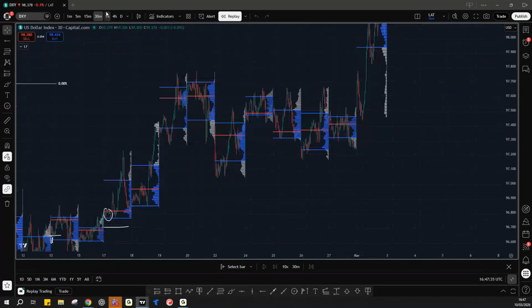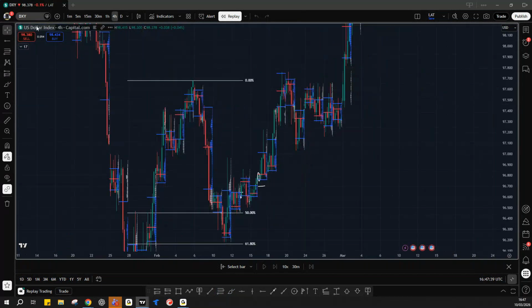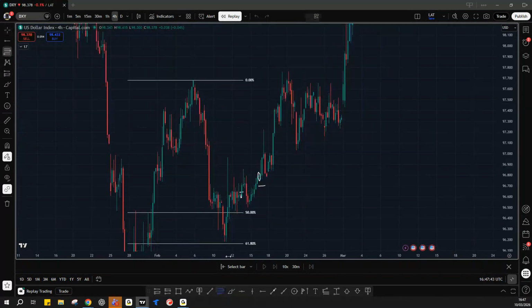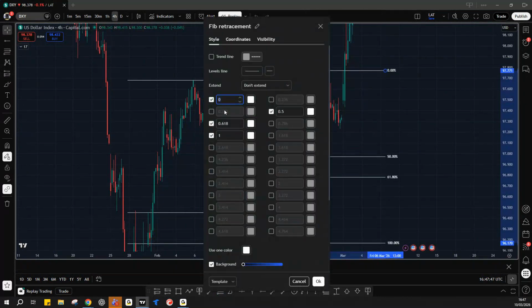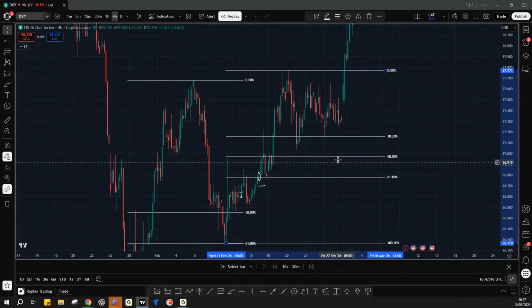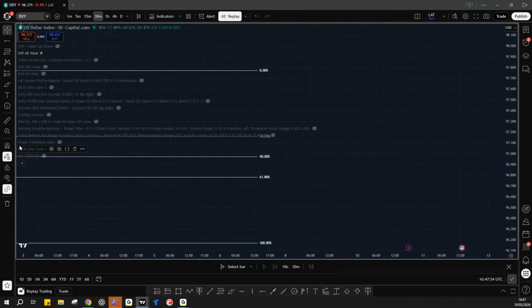Let's try that again. We've got our fib retracement. Let's say we come into the 38.2. We're looking for the same thing around this bounce on an intraday basis, so 30-minute profiles.